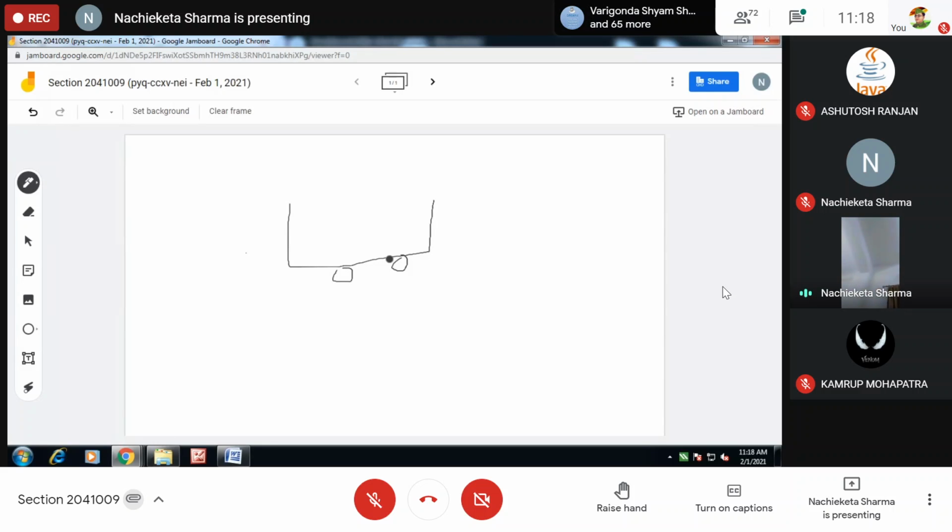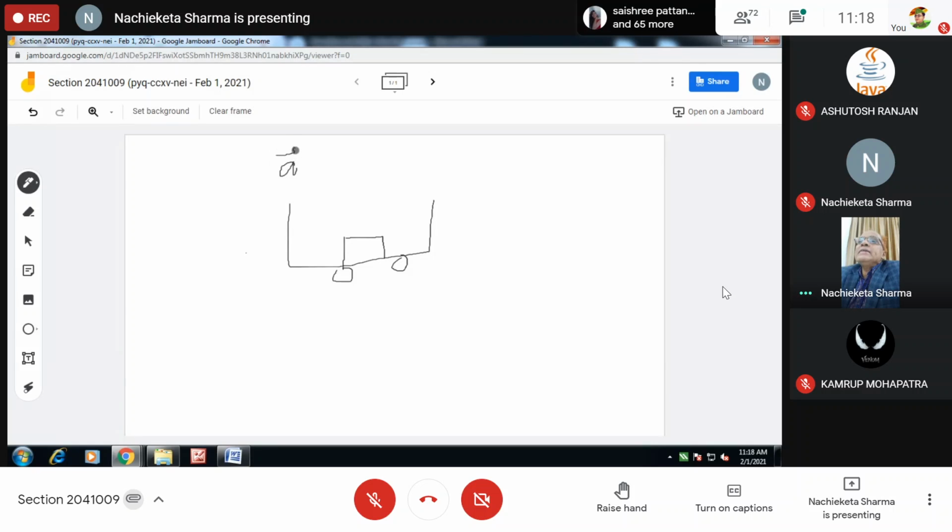Okay, am I audible now? Yes, sir. So now the box is there, at the same middle position, but now your truck is not moving with uniform velocity. Now acceleration is present.